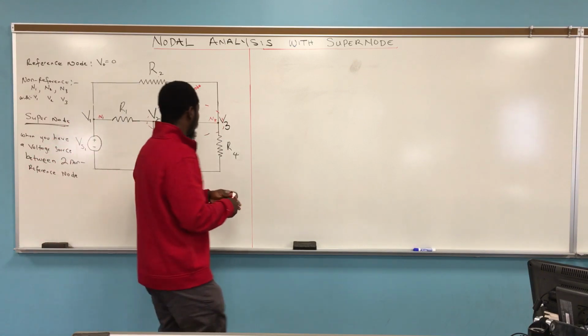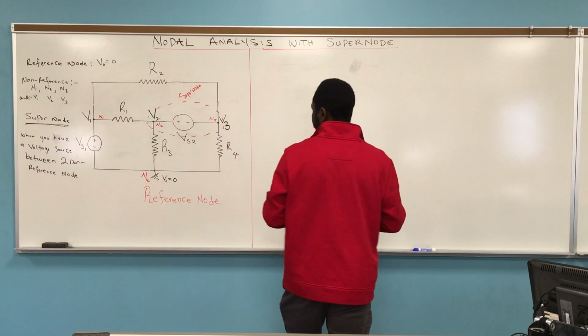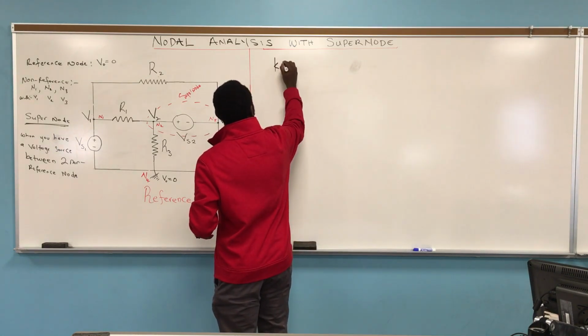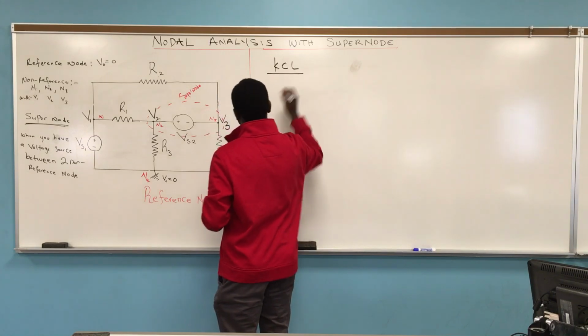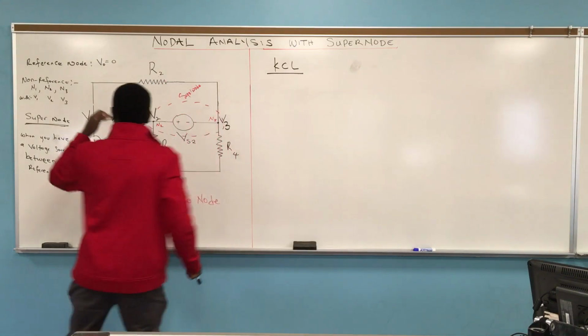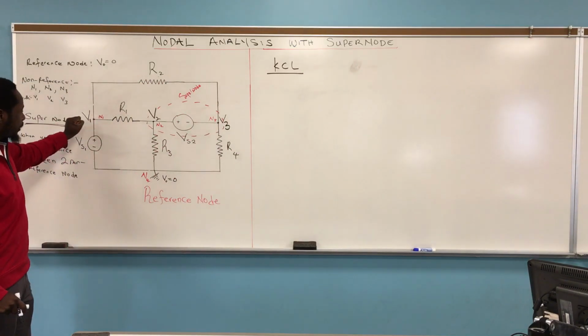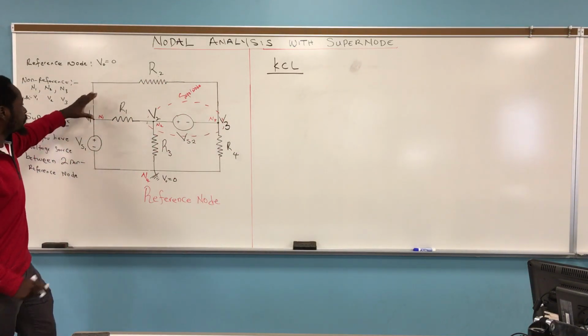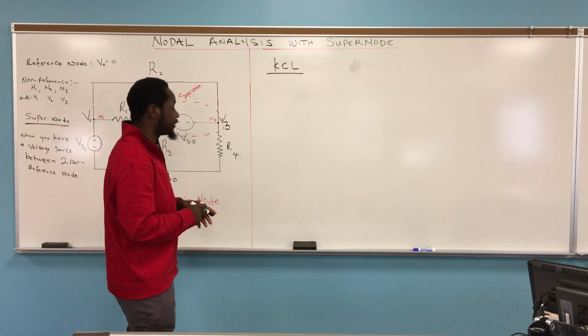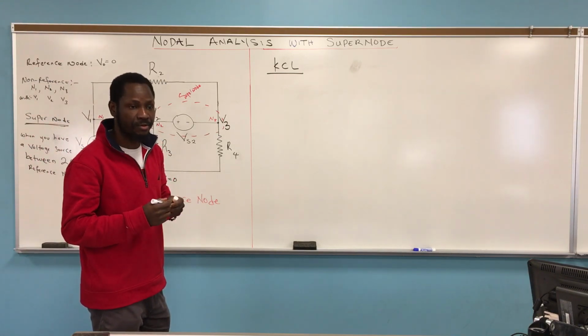So let's try to analyze this circuit. So we will have KCL. Now, we don't have much to analyze on this side, right? So I'm just going to assign current on the branches that have a resistor.